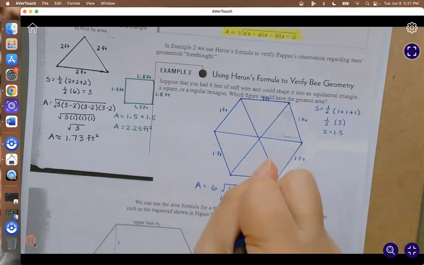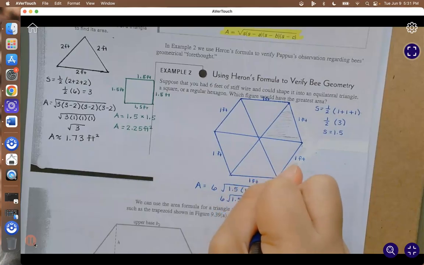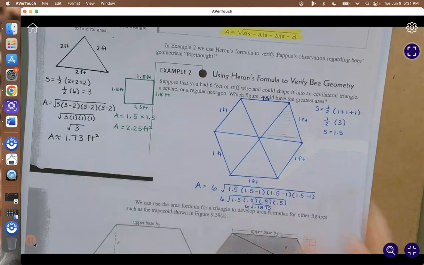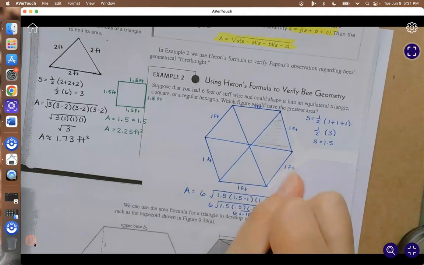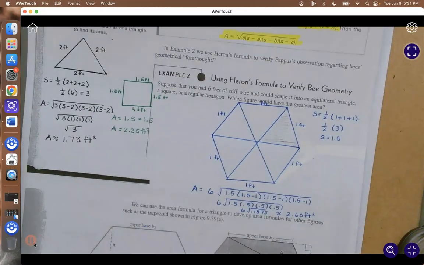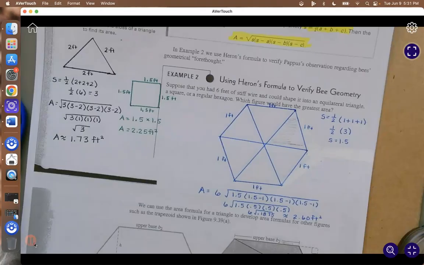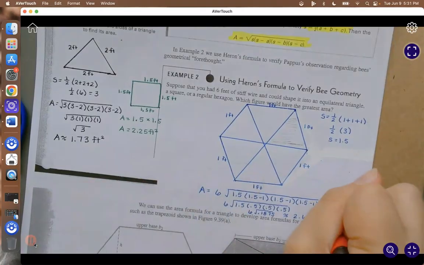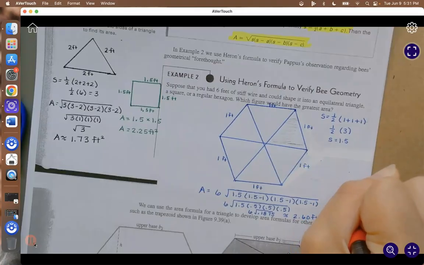And that's going to give me 6 times the square root of 0.1875. When I type that into my calculator, I'm going to get 2.60 square feet. So my greatest area is using the hexagon shape.